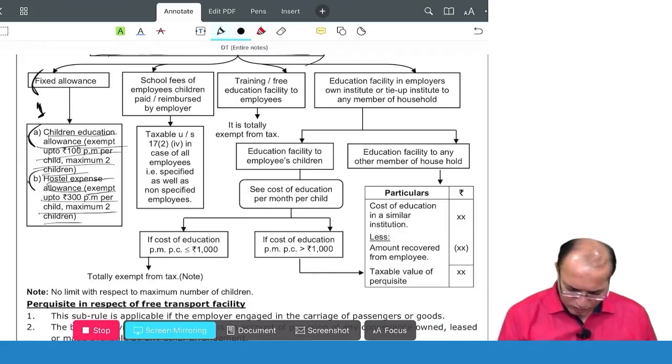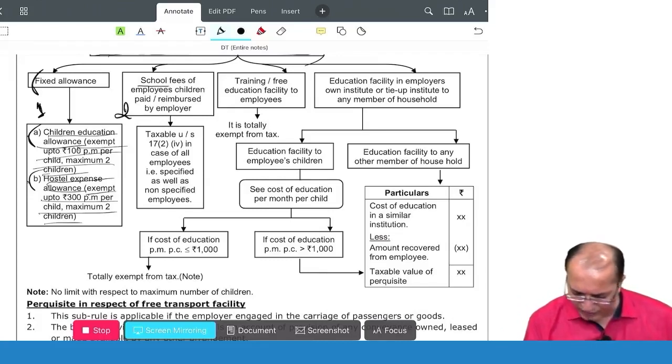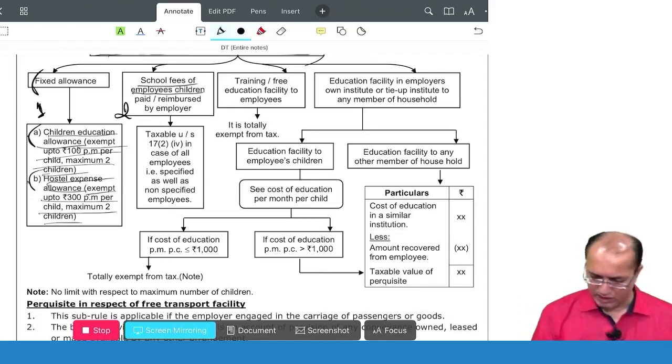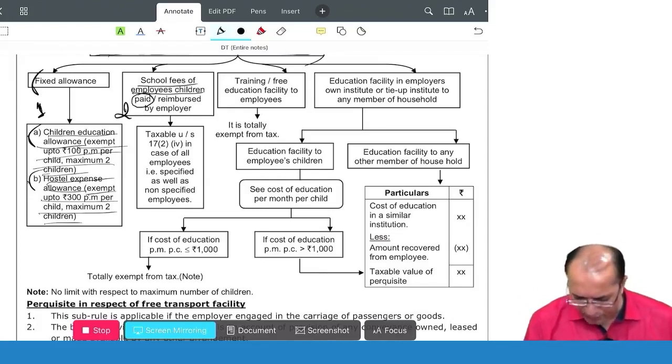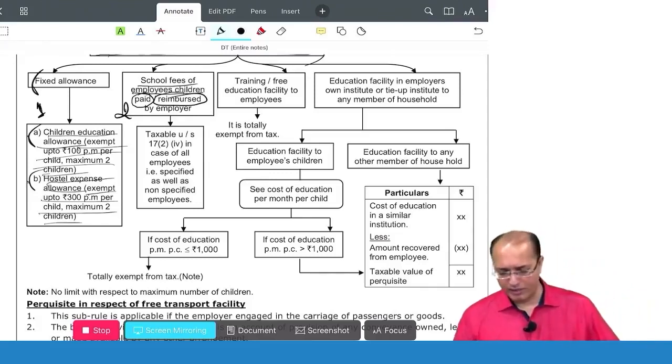Then we move on to the second part, which says school fees of employees' children. Either it is paid by employer or it is later on reimbursed by employer. The moment you see the word paid or reimbursed, what do you say? This is covered by which section?